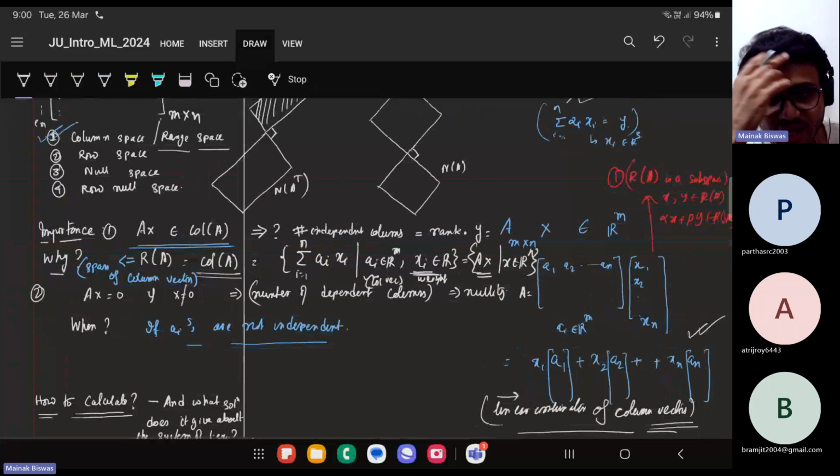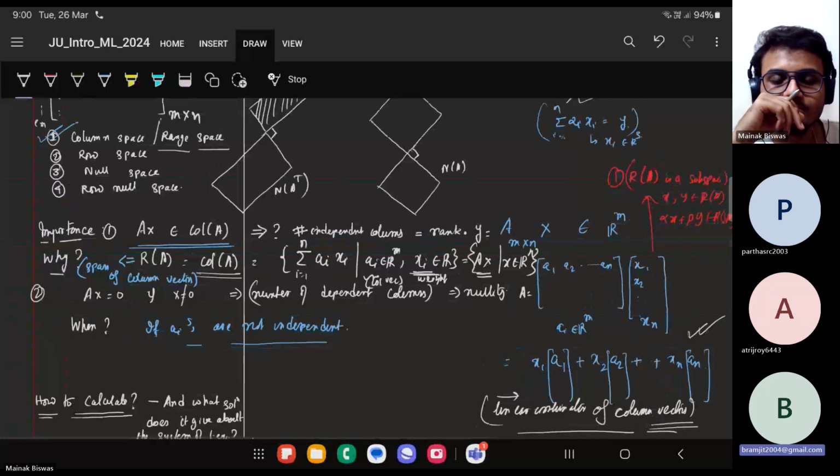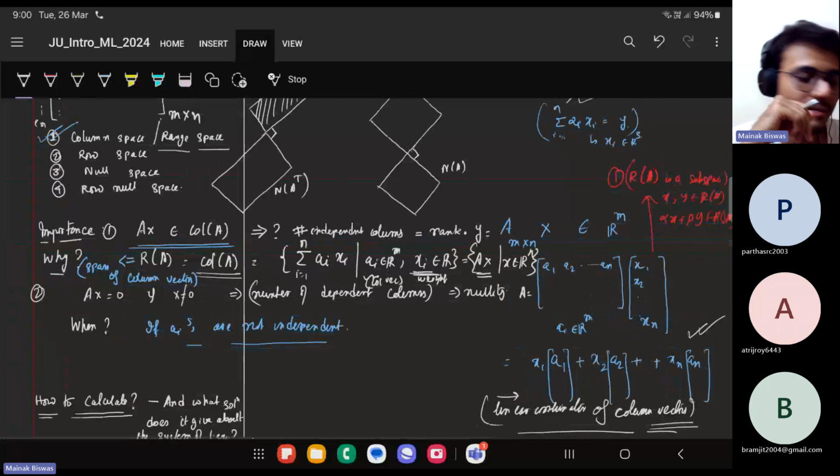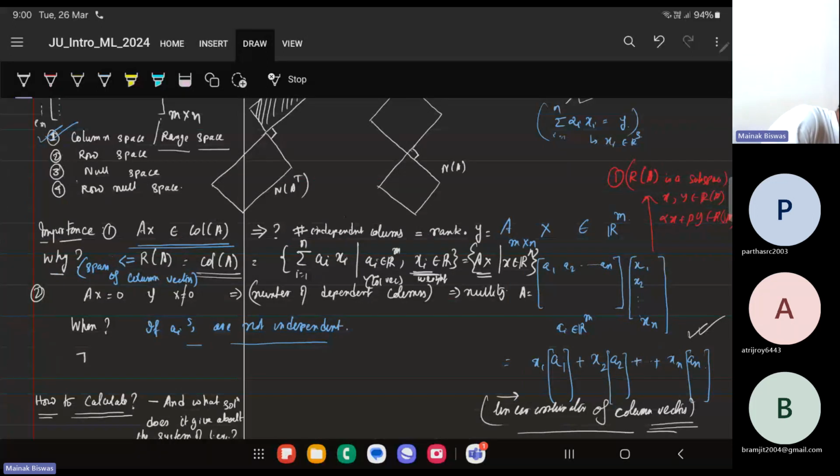So my question is, if the a_i's are not independent, what can happen? Then you do not get access to the entire span. You get something that is limited. True. But if they're not independent, then what can happen? There can be an x such that Ax equals 0, where x is not equal to 0, right?